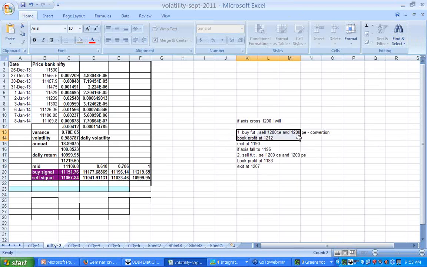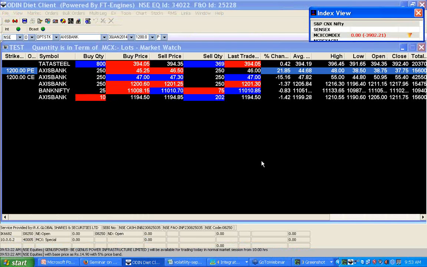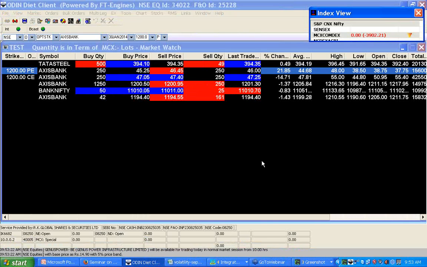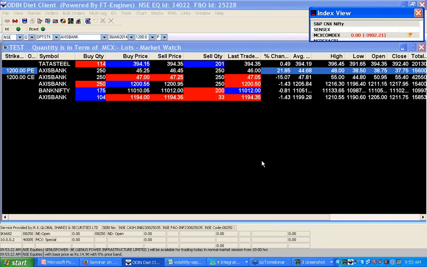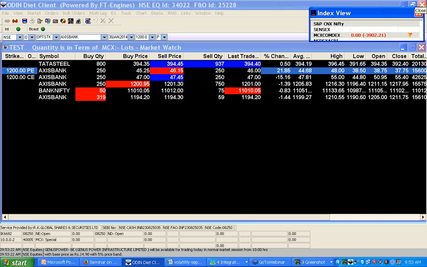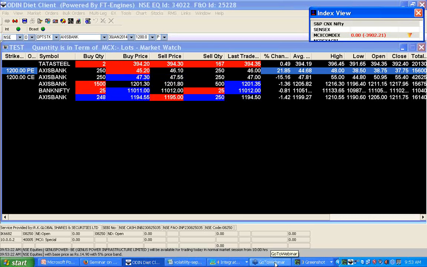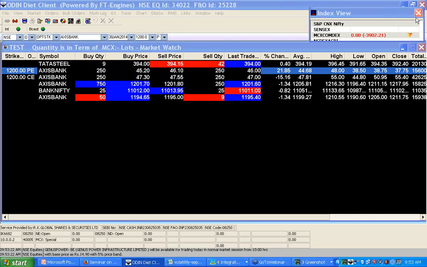So you can utilize this conversion strategy for intraday in such kind of scenario instead of buying into those options, because buying into those options will always have a wrong effect, because of your decay in the process of your implied volatility. So this is also one of the strategies you have learned which you can utilize for intraday.